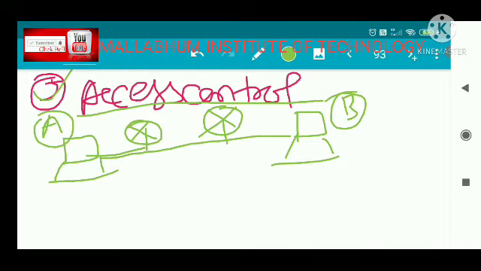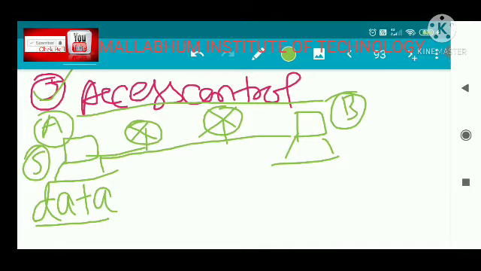Now, likewise, as I said in the teacher and student learning process, flow control is also responsible in the same way. Node A is the sender node, responsible for sending the data to the receiver node.